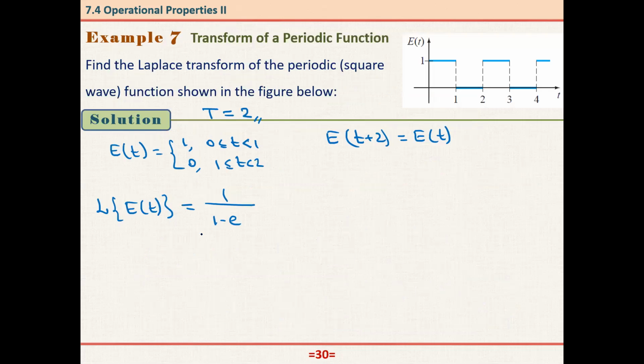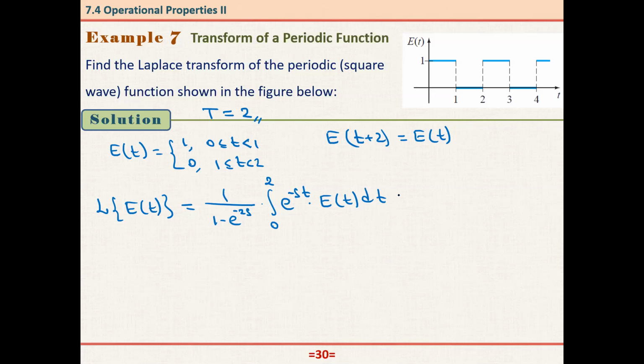So here we have minus s times capital T, where capital T is 2, times the integral from 0 to capital T, that is 2, of e to the power minus st times our function E of t, dt.